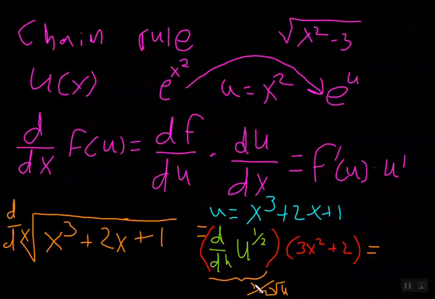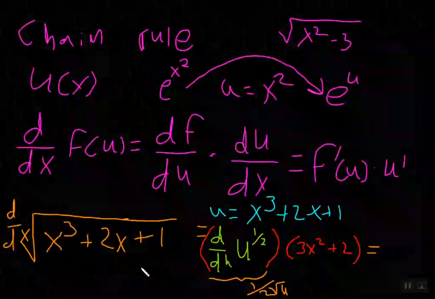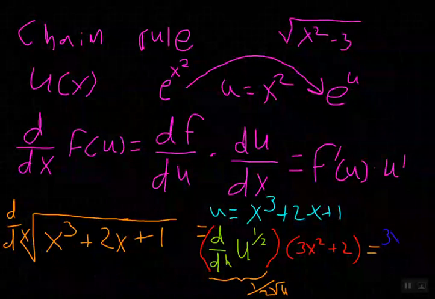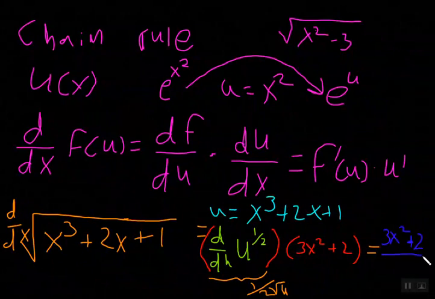And then if we multiply this by 3x squared plus 2, our final answer, the derivative of the square root of x cubed plus 2x plus 1, is 3x squared plus 2 over 2 root u.